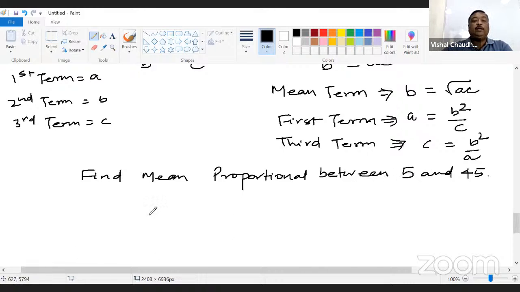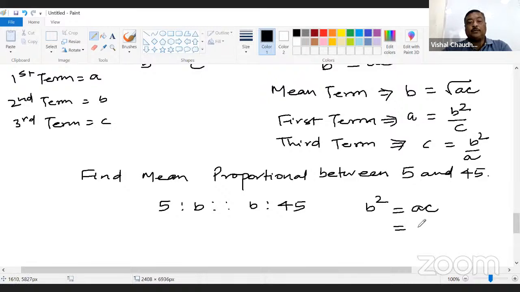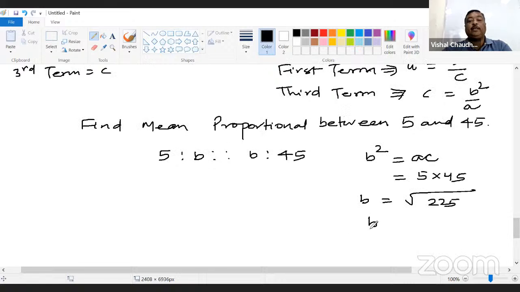So if we have to find mean proportional, it means 5 is to B as B is to 45. So B square is equal to AC. That is B square is equal to 5 into 45, and B is equal to under root 225. What we will get here is B is equal to 15.